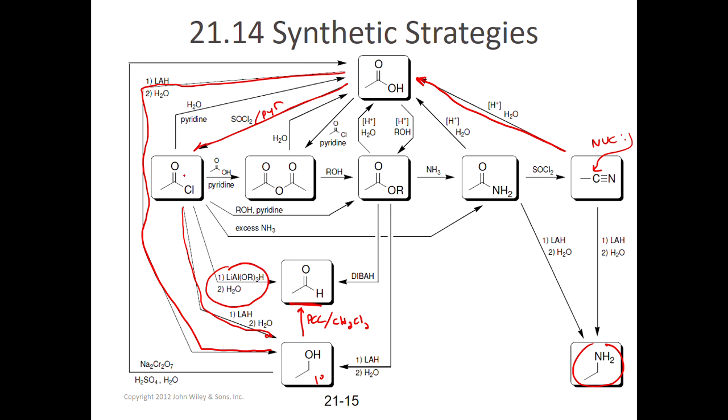I can go directly from an acid chloride to an aldehyde using this sterically hindered alternative to lithium aluminum hydride. So if you remember, what that has is a hydride attached there, but then there's three of these OR groups, and the OR groups are usually big bulky groups like tert-butyl groups.